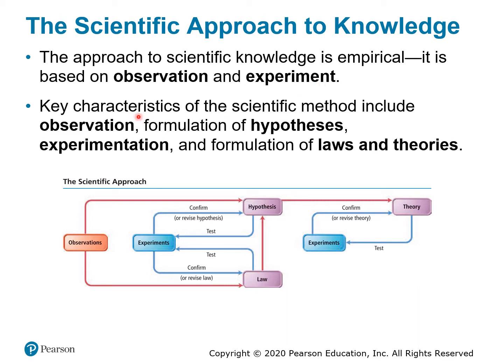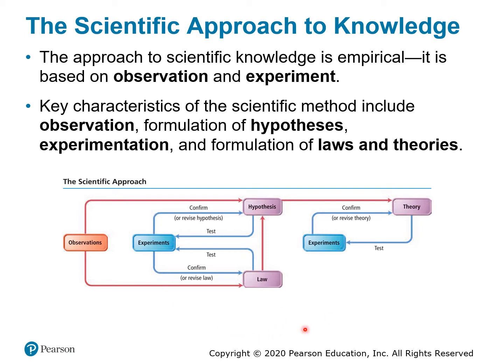The key characteristics of the scientific method include observation, formulation of a hypothesis, experimentation, and formulation of laws and theories. So you observe, then you hypothesize, then you perform tests or experiments to confirm the hypothesis.